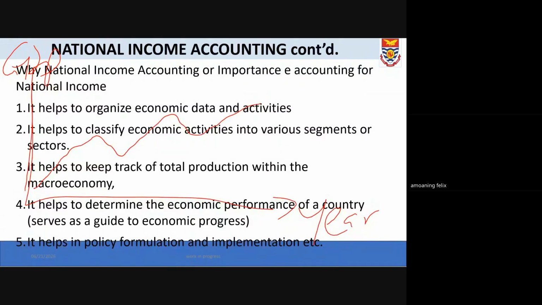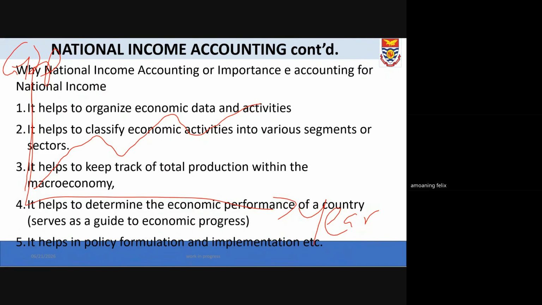Okay. So what I'm trying to say is that if we are able to capture the production activities within the economy and record them, we can draw a trend. And I told you that we calculate GDP on an annual basis, on a yearly basis.